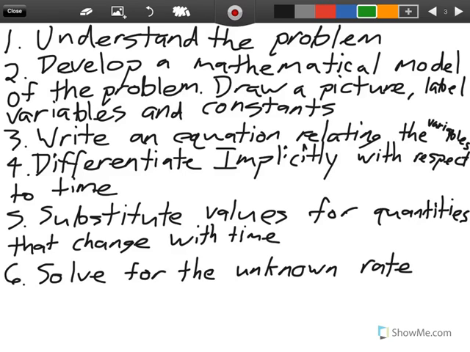If you don't know what the derivative is, you just leave it as the derivative of the thing over dt. Next, you substitute values in for the different quantities that change within the formula, and then you solve for the different derivatives and use those to relate the different equations. Then you solve for the unknown rate that you're asked to find in the problem.